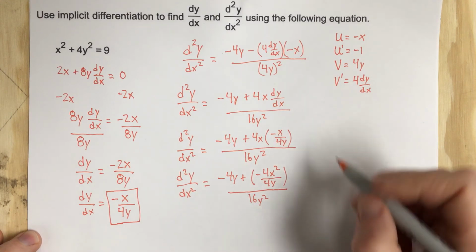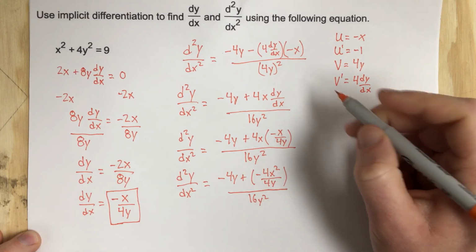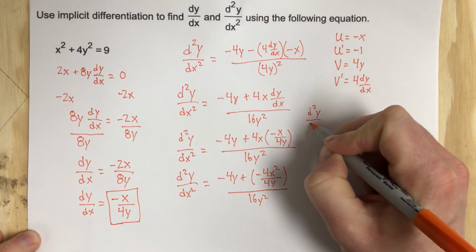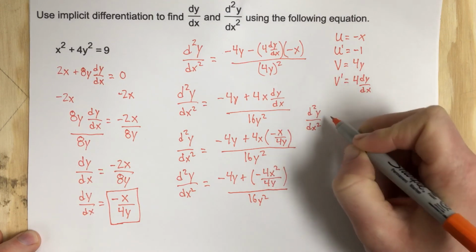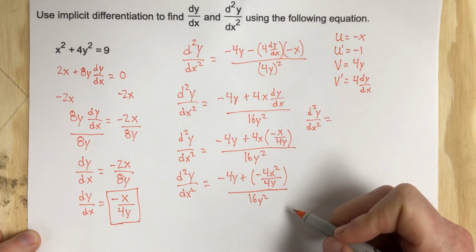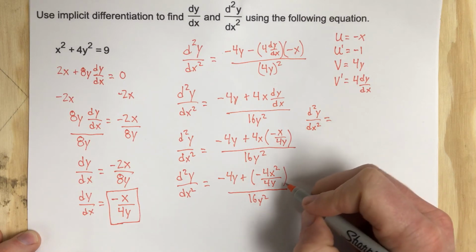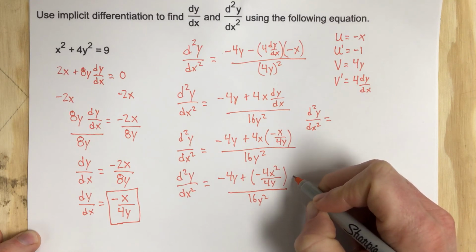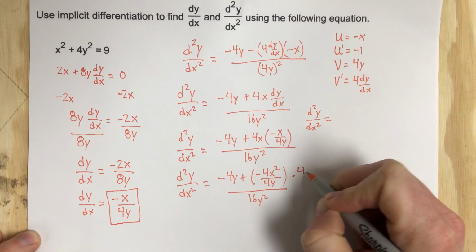And then we can say that the second derivative of y with respect to x is going to equal, well, let's say I multiply the top and the bottom by 4y.